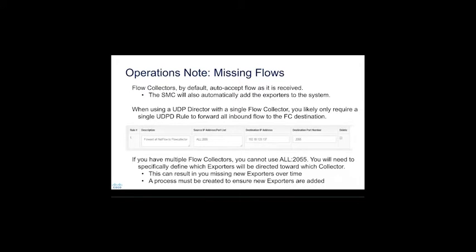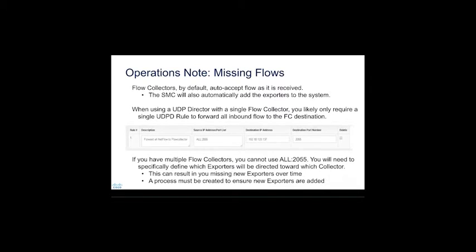That basically says that anything destined to UDP 2055, which is the common port for NetFlow, is going to be sent to that destination address on 2055, which is our exporter, or I'm sorry, our collector. So anything inbound on 2055 goes to our collector at .137. That's fine. Now all flow goes there. However, if you had multiple collectors, you would have to have multiple rules telling it which sources send to which collector.